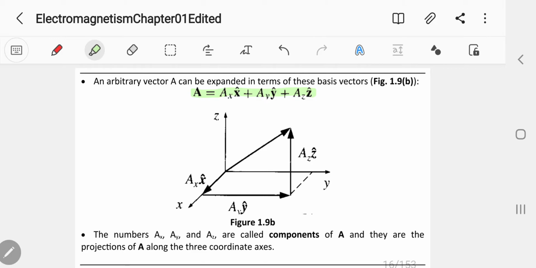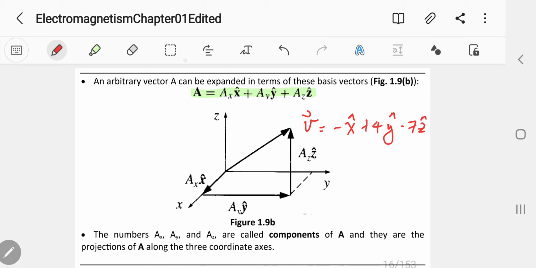So let's say, for example, a vector v could be negative x hat plus 4 y hat minus 7 z hat.